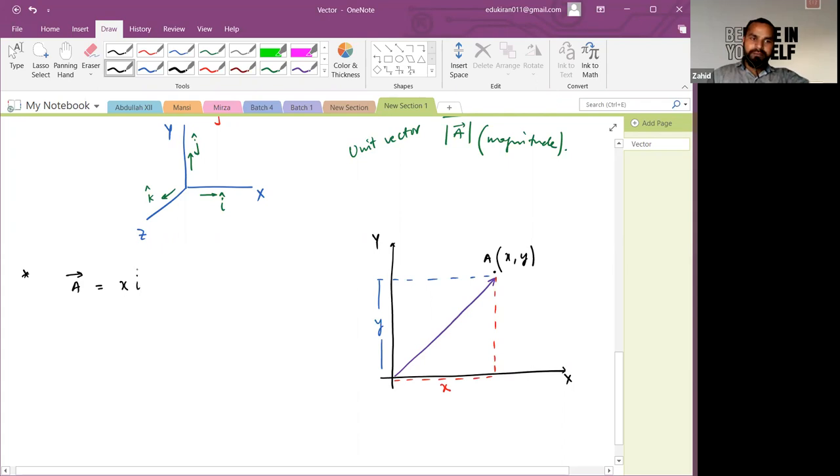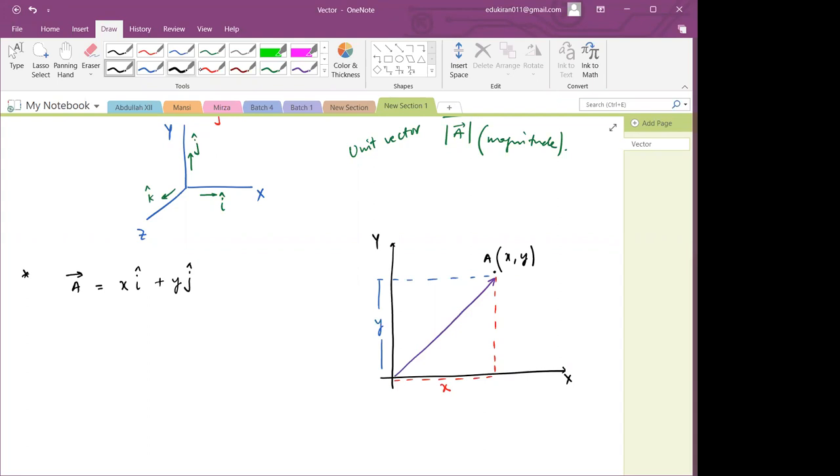We have to multiply it by its direction, so it will be x i cap. Similarly, the vector has magnitude y along the y-axis, so it will be y, and to define that this is along the y-axis, just multiply it by j cap. This is how we convert any coordinate system into a vector representation. Is it clear? Yes, sir.